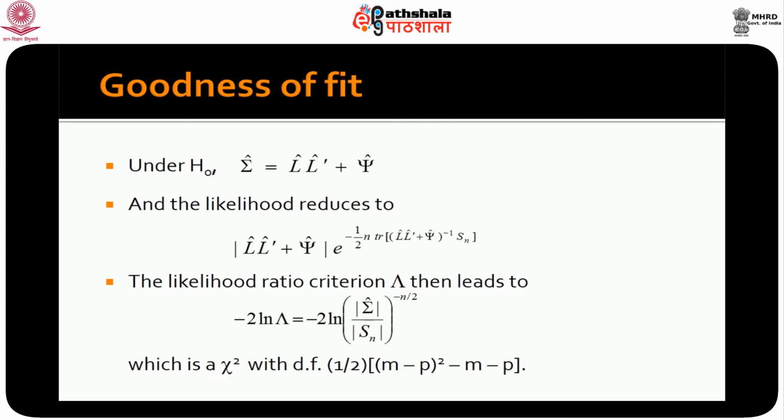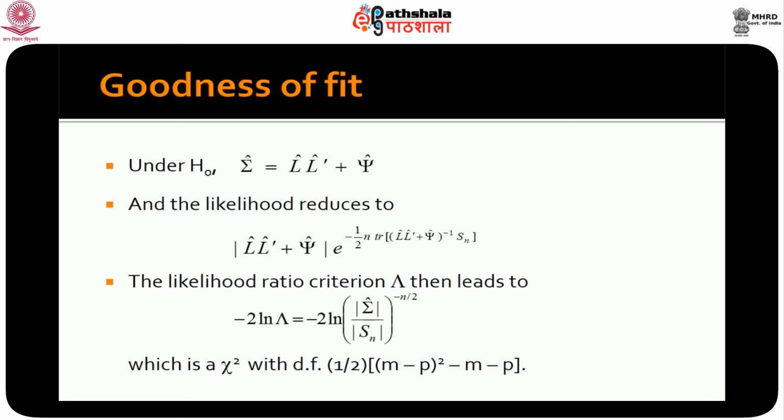And this would be a chi-square with degrees of freedom given by half of m into m plus 1 minus m into p plus 1 minus half of p into p minus 1, which reduces to half of m minus p square minus m minus p.